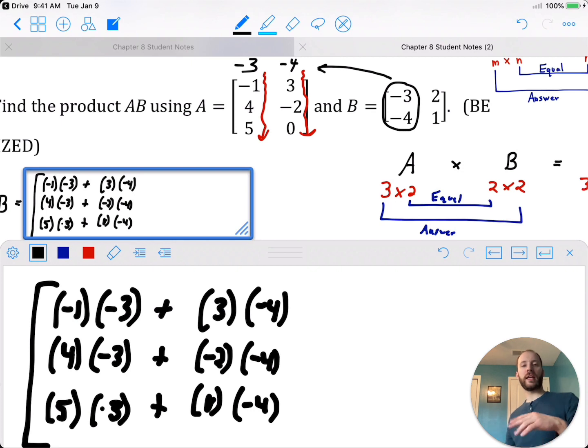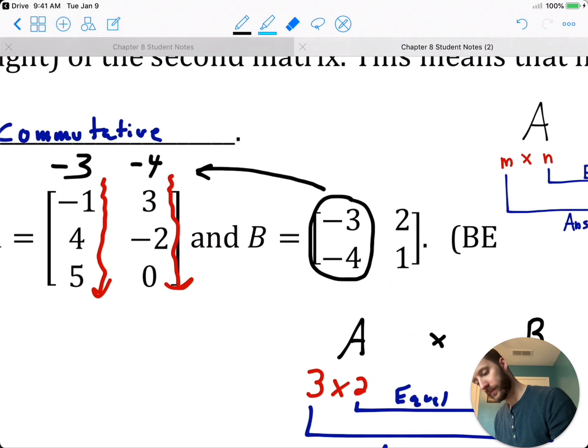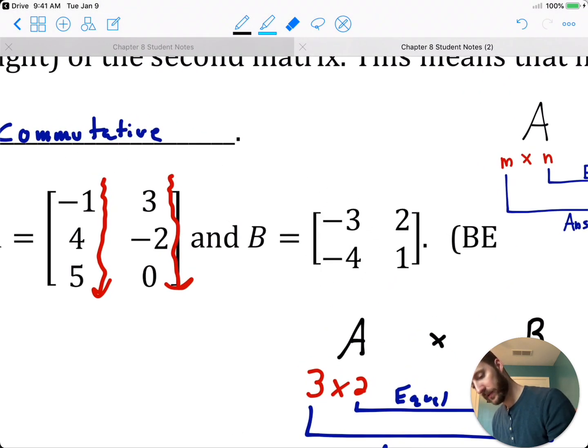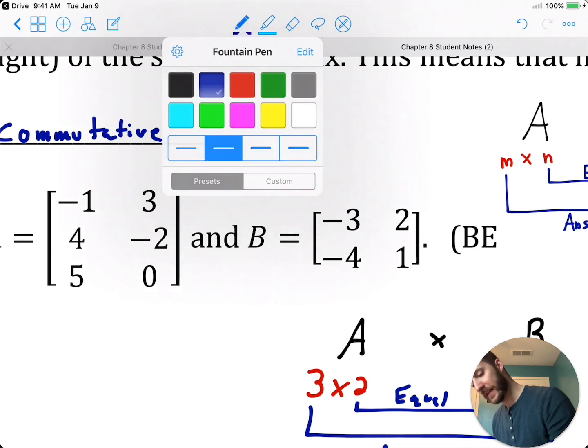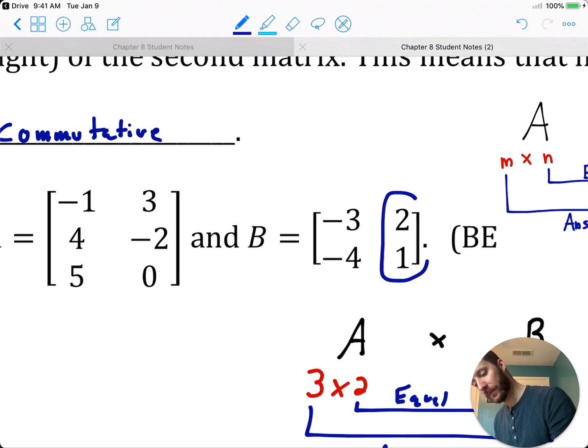So the column from the second matrix rotates 90 degrees counterclockwise up, and then filters down through matrix A. And once you do this setup, you just repeat it with the next column. However many columns you have, you do it that many times.